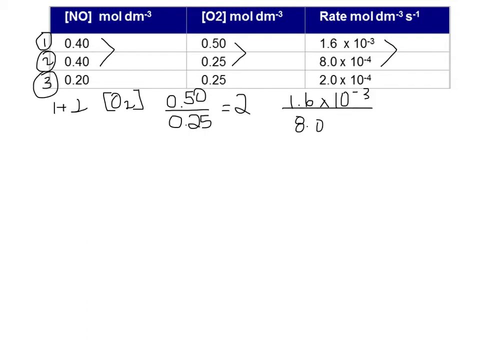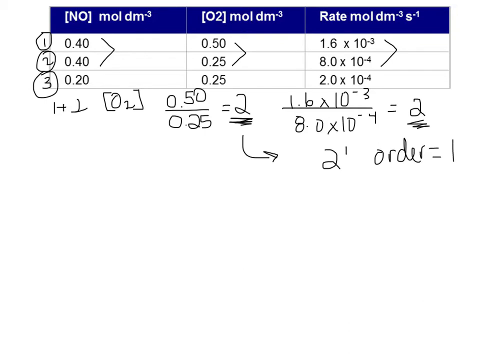So if we do the same thing here, if we divide them, then we would also get 2. To figure out the order, we want to take the base here of 2, and we want to rewrite how our rate changes to the same base. If we were going to rewrite 2, that's the same as saying 2 to the power of 1, meaning that the order with respect to oxygen is 1.